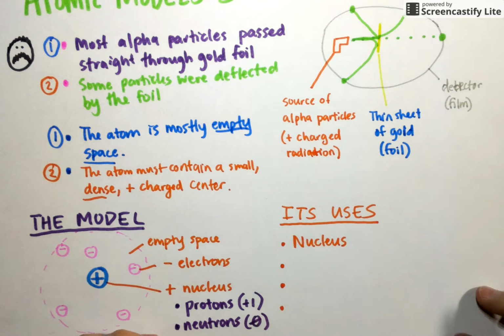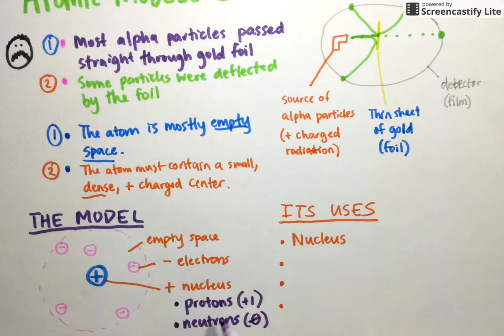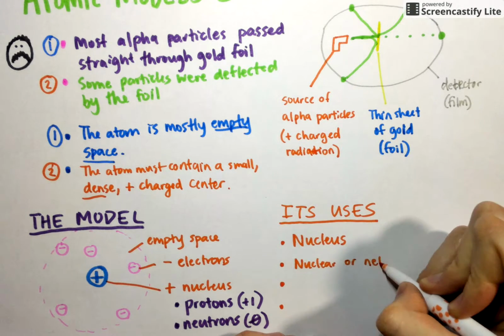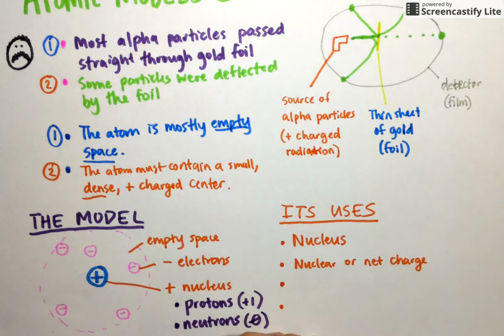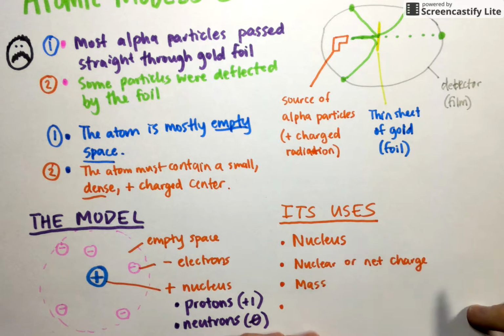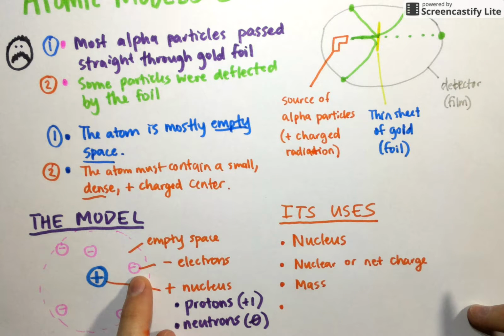So in order to explain his second observation, what he said was that the atom must contain a small, because only a very few of those alpha particles were deflected, it must be something dense in order for those alpha particles to be able to bounce right off.